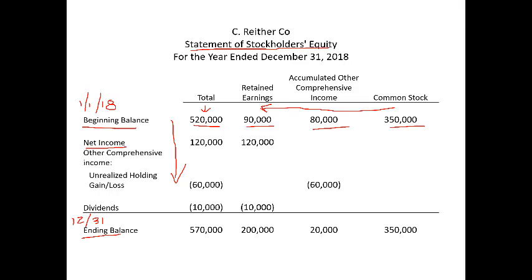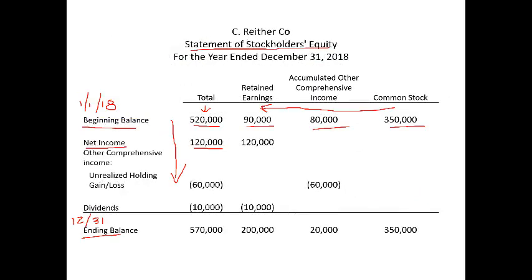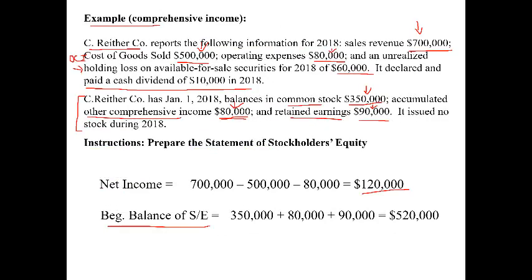We know we had net income of $120,000. We calculated that up here. That's going to clear to retained earnings, so retained earnings is going to go up by $120,000. We had an unrealized holding loss on available for sale securities of $60,000.